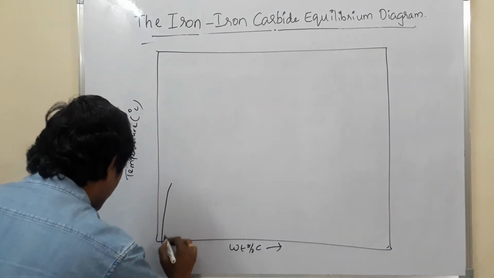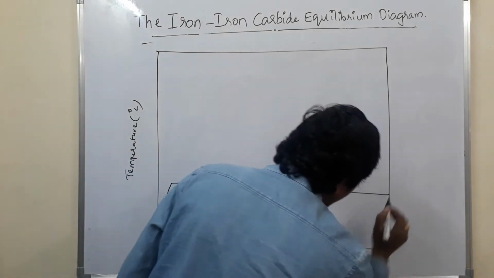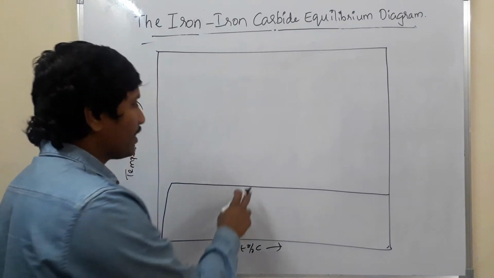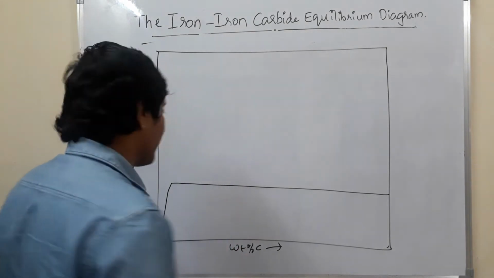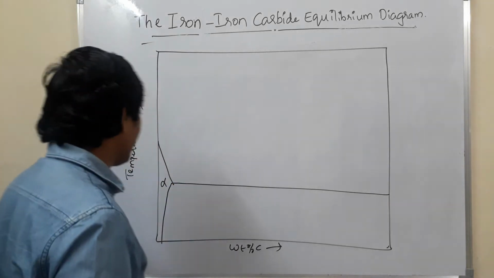This is the alpha region. I am drawing a horizontal line. A horizontal line indicates there will be one invariant reaction, one isothermal reaction, which occurs. This is the pure alpha solid solution area.